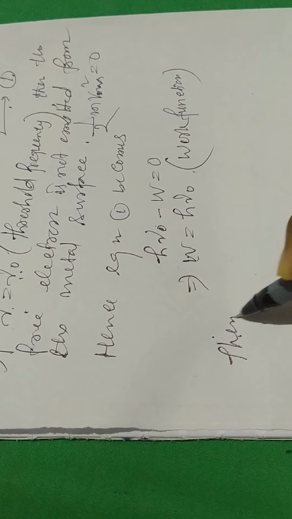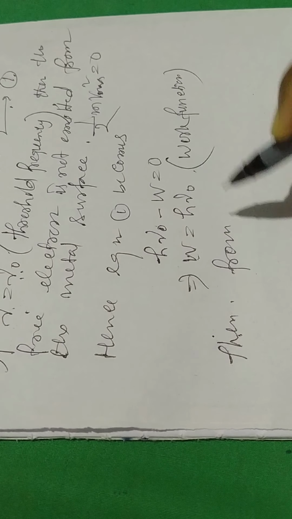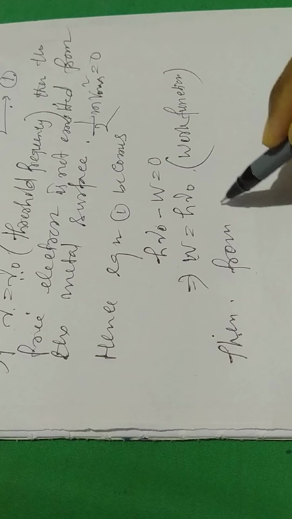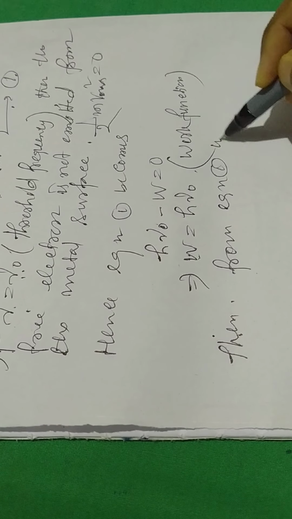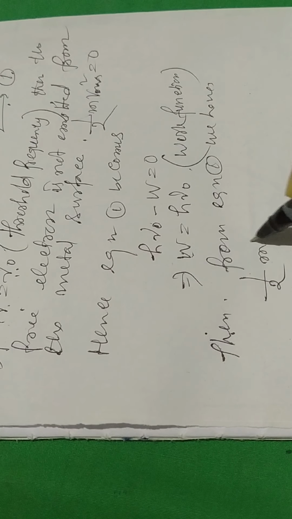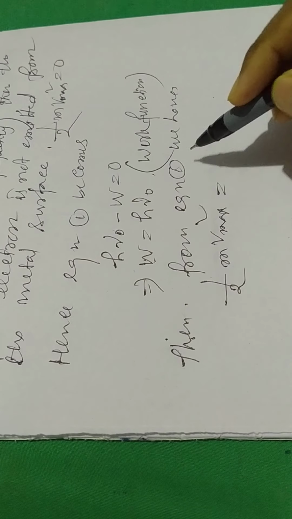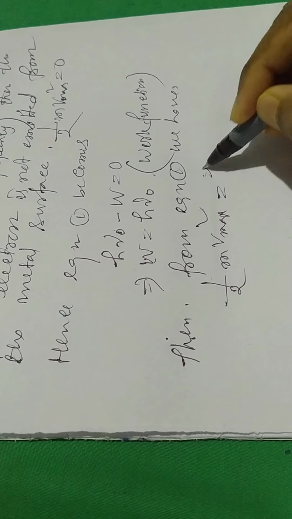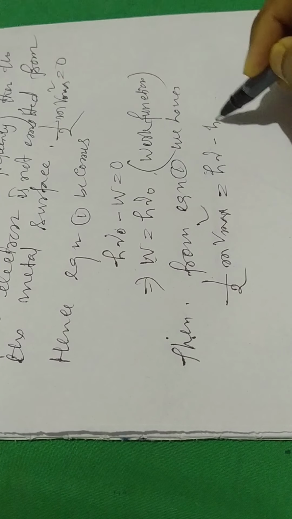Then from equation 1 we have half m Vmax square equal to h nu minus h nu naught.